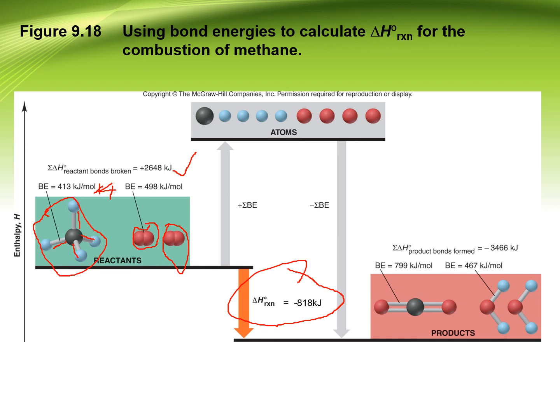Then you also must calculate the bond energy for each bond in the products. For example, this product has 2 bonds, so 799 must be multiplied by 2, and this product has 2 bonds for each, so 467 must be multiplied by 4: 1, 2, 3 and 4.